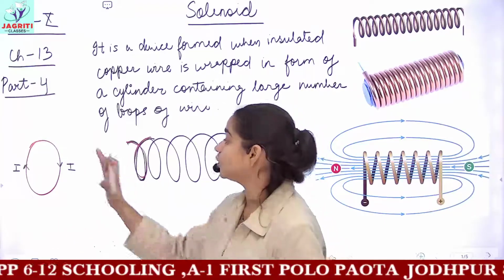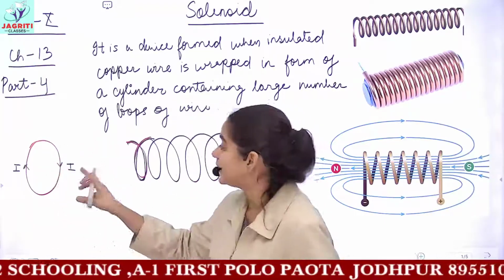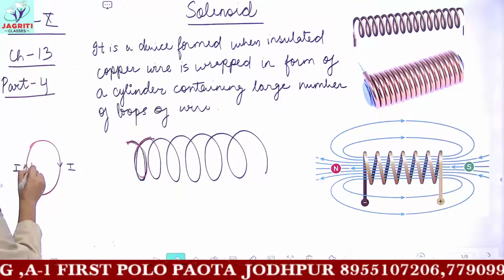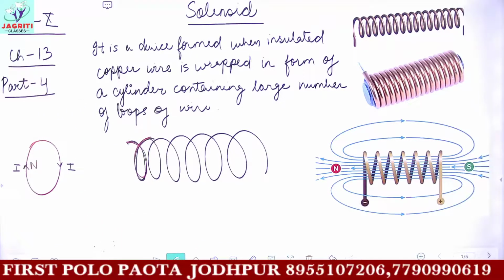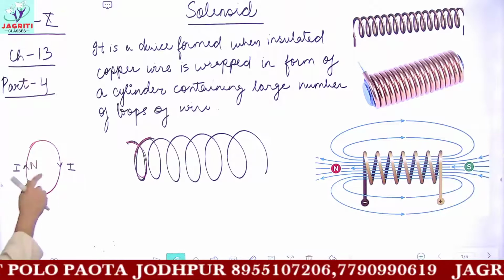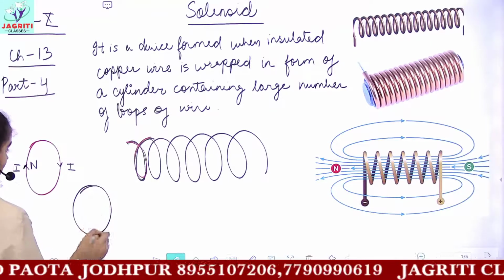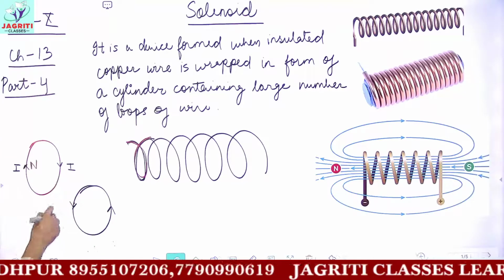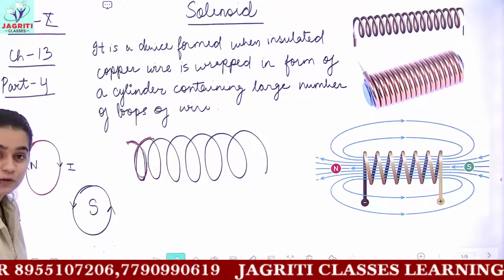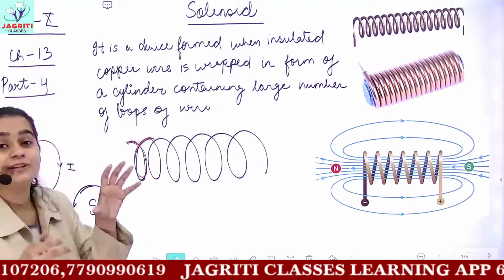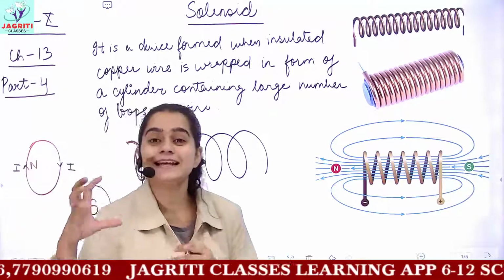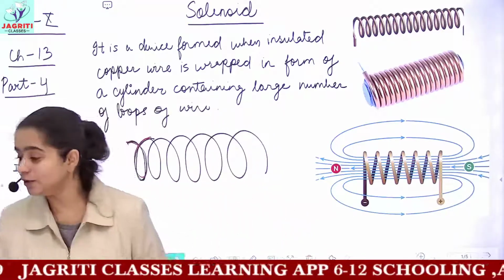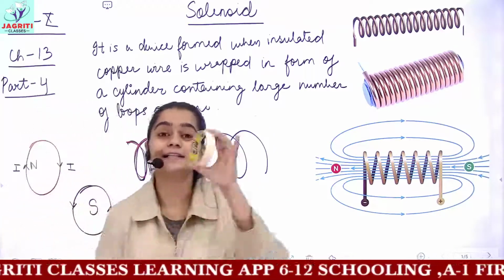When the direction of current is clockwise, the magnetic field generated has a south pole, and when the direction of current is anti-clockwise, it creates a north pole. So at one end of that circular loop a north pole is created, and on the other end a south pole is created.